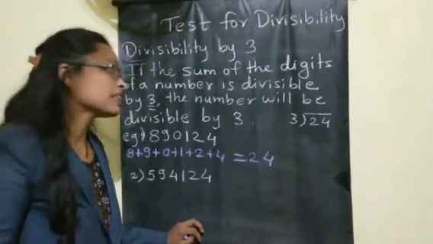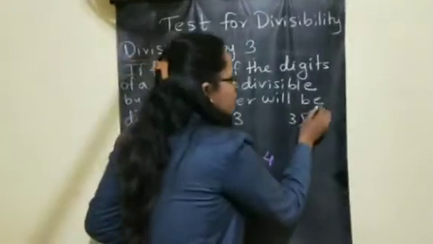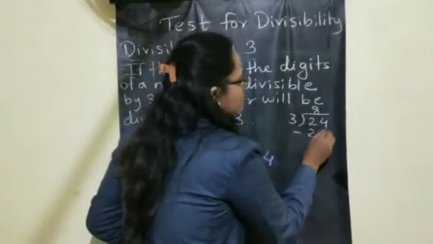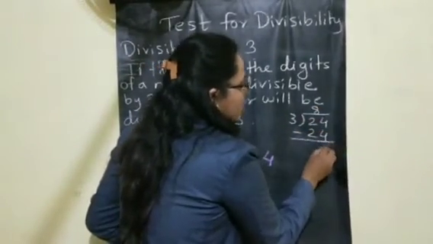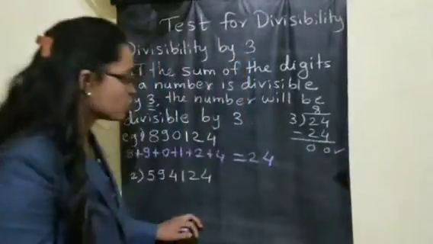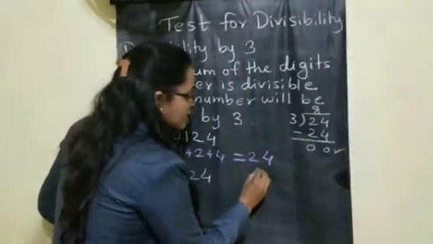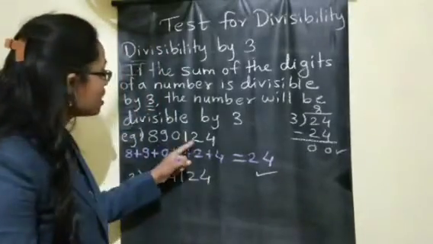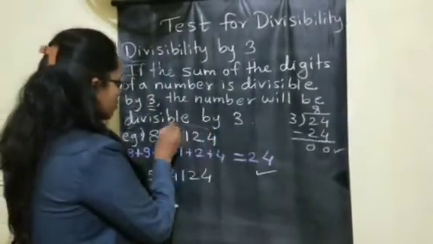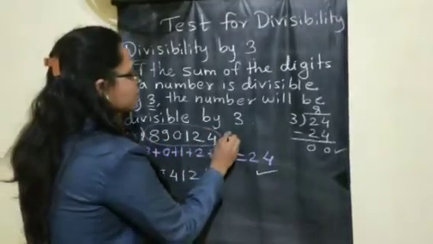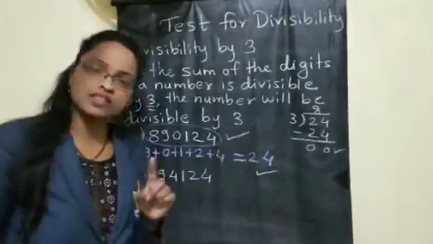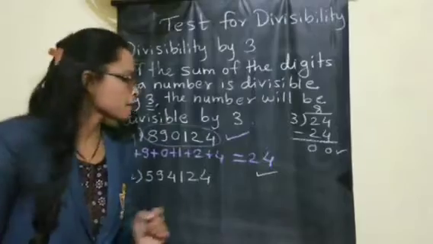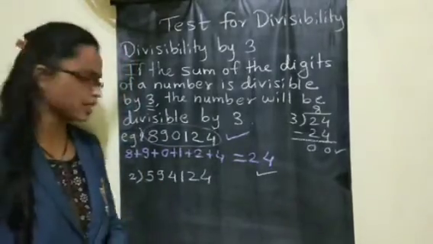Yes, 3 eights are 24. Means you can exactly divide by 3. You should get the remainder 0. Means yes, this is divisible by 3. Means this full number, children, is divisible by 3. It is true, correct. Understood? Now let us take one more example here.